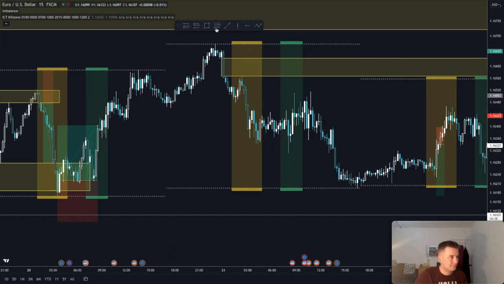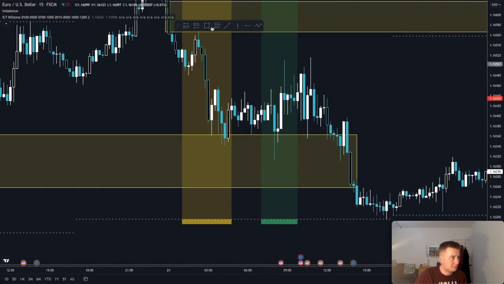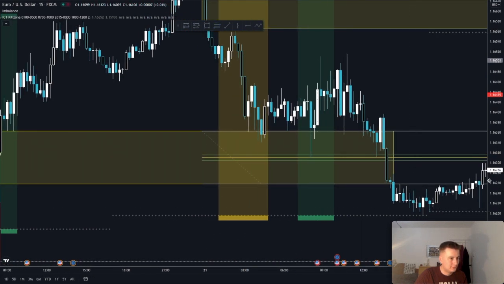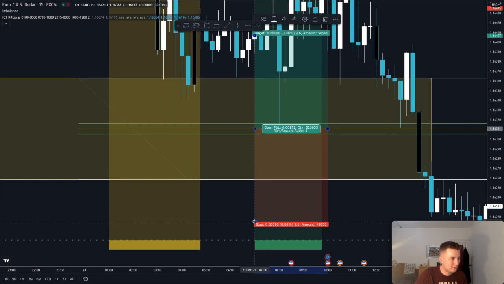I also did set this imbalance right here, and I did have it at the 50% mark, but I didn't get triggered because of how close it was. If you look at this, guys, my entry was right here on the 50%.